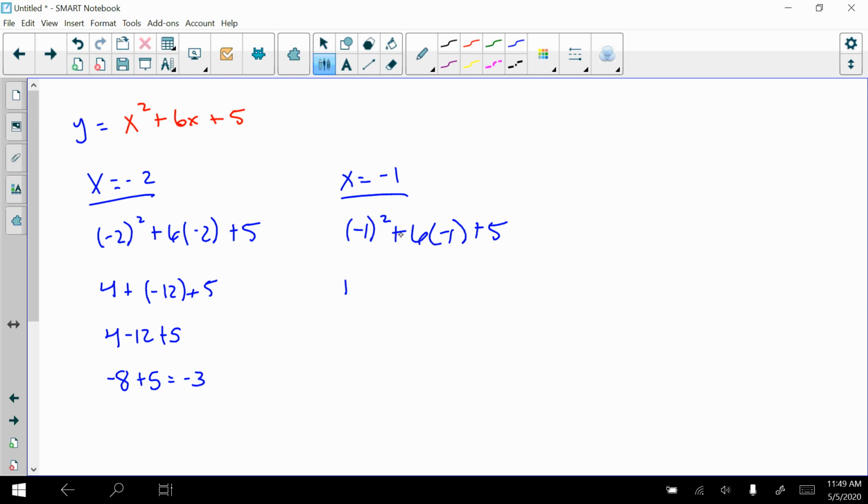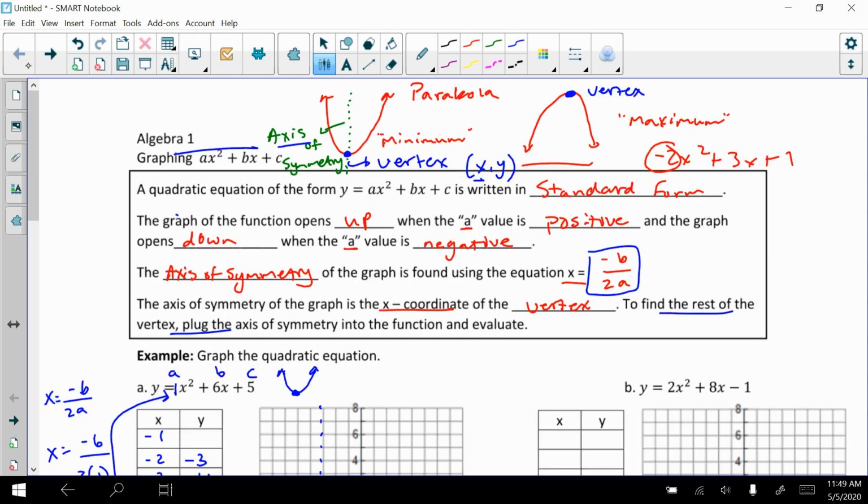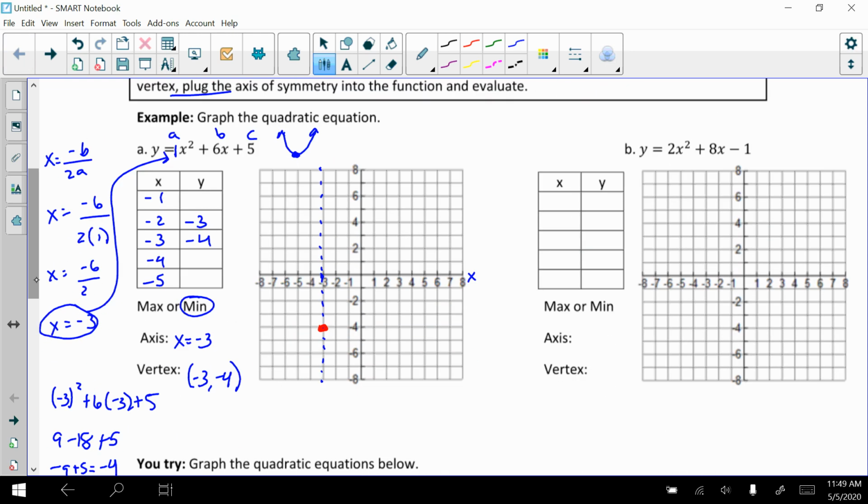Since we're doing plus -6, remember we can just say that's like minus 6 plus 5. 1 minus 6 is -5, plus 5. Well, -5 plus 5 just gets me 0. So when I plug in -1, my y-coordinate that corresponds with that is 0.